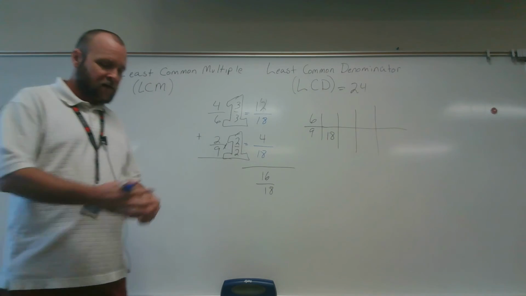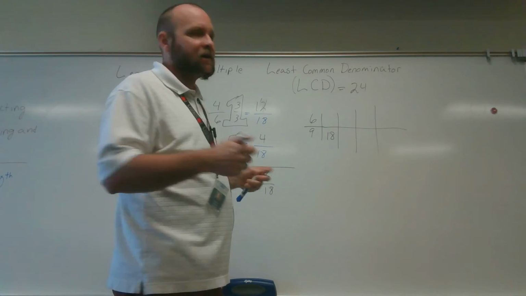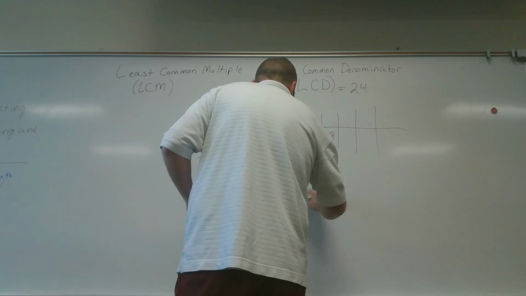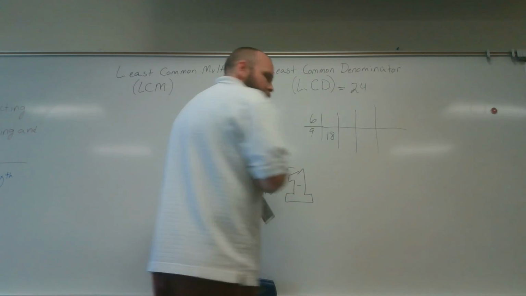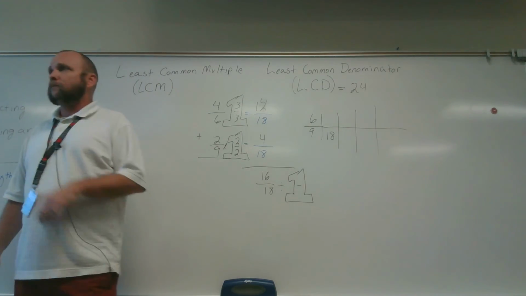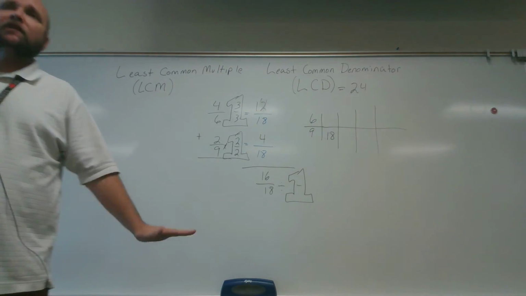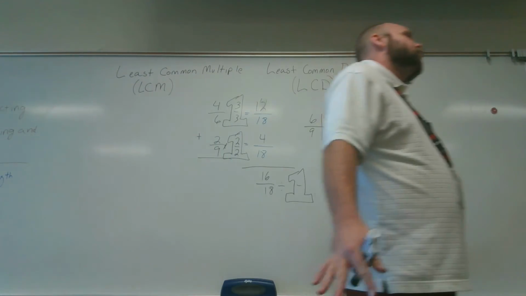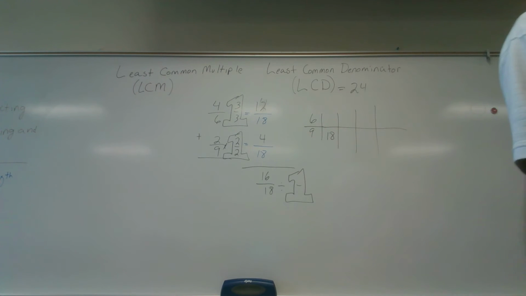Let's look at simplifying real quick, because you did this last year. Now the same rule applies. If I divide a number by 1, I'm not changing the value. 14 divided by 1 is 14. 36 divided by 1 is 36.